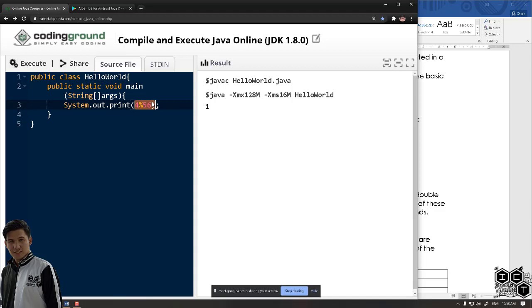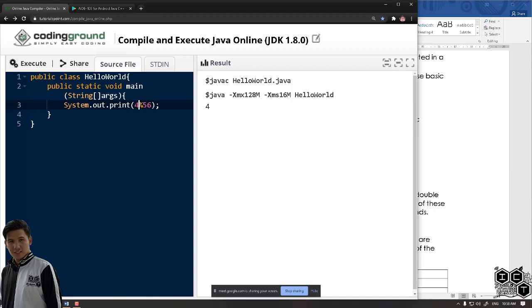Diba? Instead of us answering that 0.5. In Java, ganun din. 1 divided by 2, okay? As of now, yes, it's really 0.5. Pero if we are using modulo, automatic, that cannot be possible. That's why the answer for 1 modulo 2 is 1.